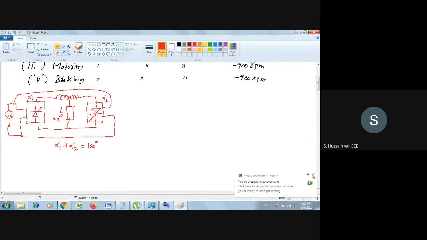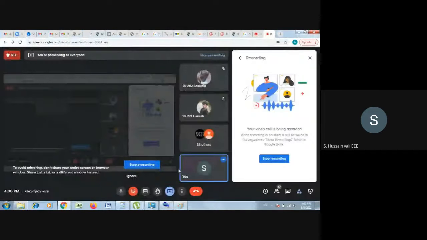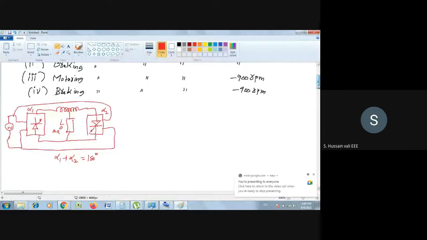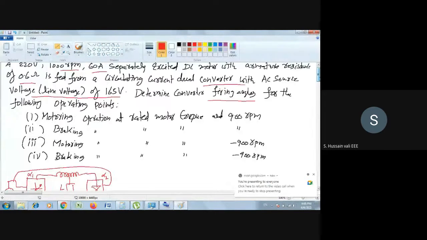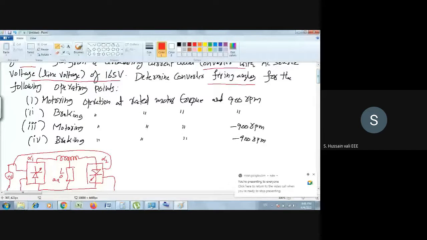Okay, so see this now. Alpha 1 plus alpha 2 is going to be this condition, you already know. So one by one we will see. First question, as per the problem, we'll recall whatever is necessary.